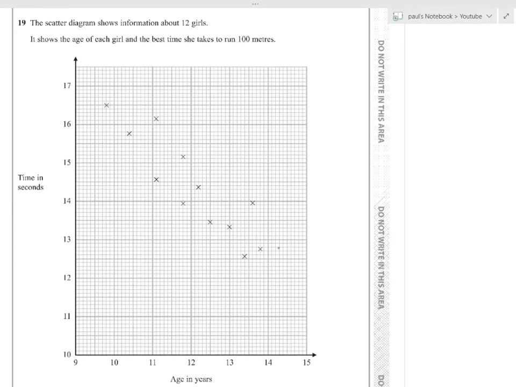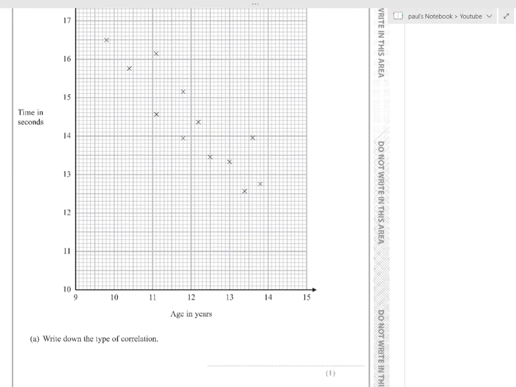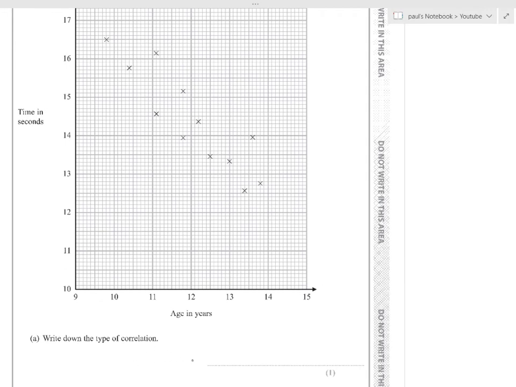Right, the scatter diagram shows information about 12 girls. It shows the age of each girl and the best time it takes to run 100 meters. Okay, so what have we got to do here? What type of correlation is this? A negative? Yeah, we go with negative. My cursor's gone.